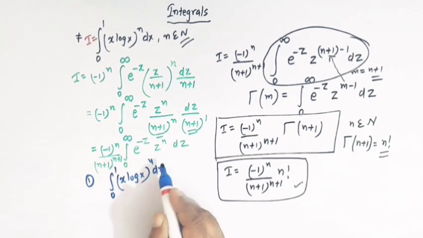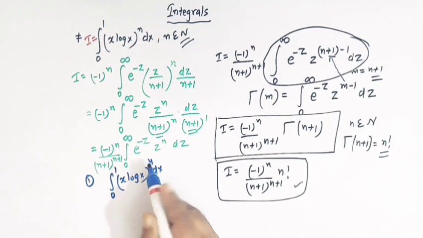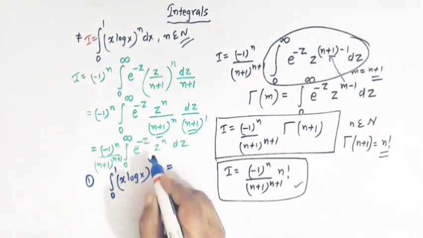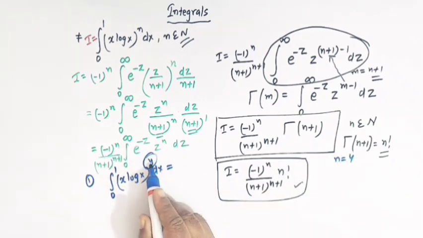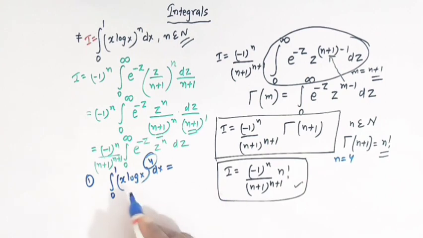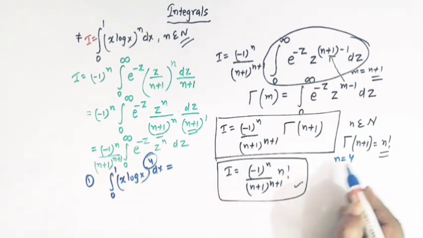Now suppose we have to find the value of this integral, 0 to 1 x log x raised to 4. Then we can compare this integral with this one. So the value of n is equal to 4, which is a natural number. The value of this integral can be obtained by putting n equal to 4 in this result.